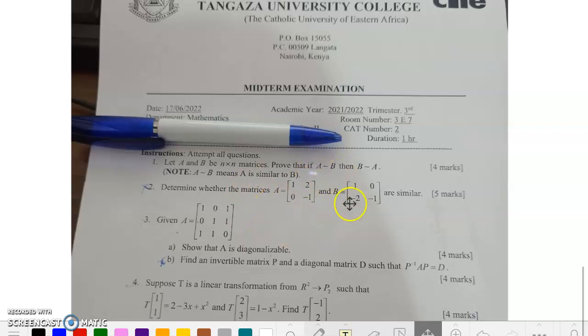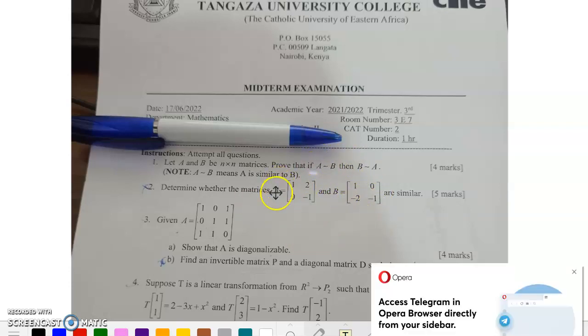What we are saying is that if A is similar to B, it simply means that B is from A. And if B is similar to A, it means that A is from B. So this is what we are trying to show in direct computations, that indeed matrix A is similar to B.